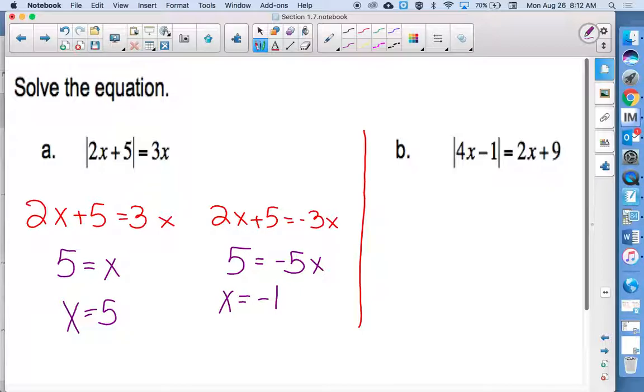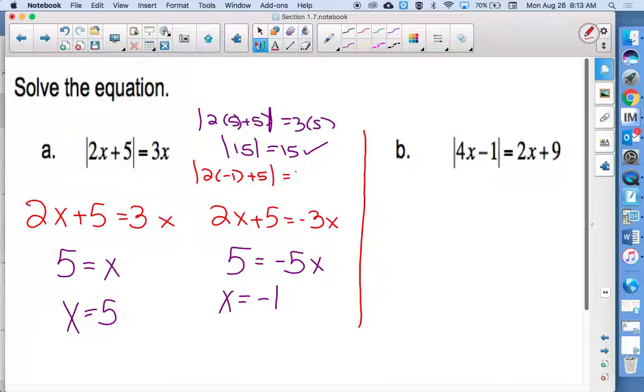And when you plug them back in, we get the absolute value of 15, which is definitely 15. The first one is good. When you check the second one, we have 2 times -1 plus 5. We end up getting the absolute value of 3, which does not equal -3.